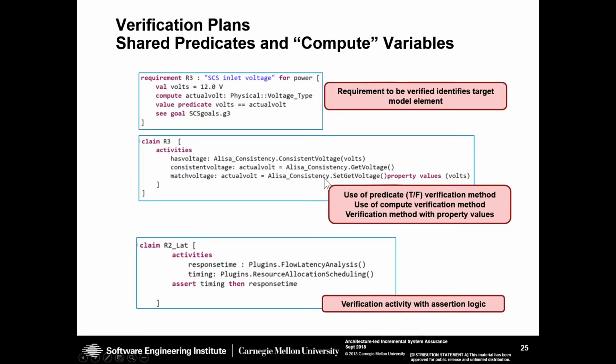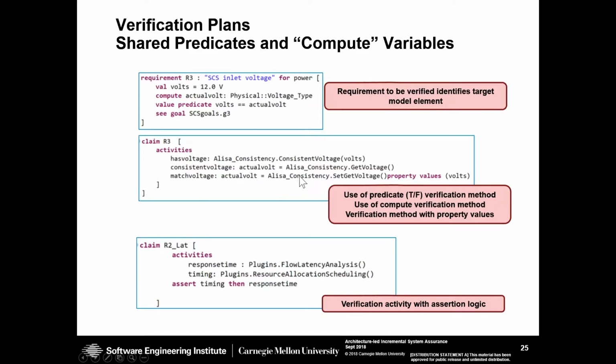The second one illustrates the invocation of a verification method that's basically a compute method. It does some computation and returns a value. That value then gets assigned to the compute variable, and we then invoke the value predicate. And the result of the value predicate determines whether this activity is satisfied or not.